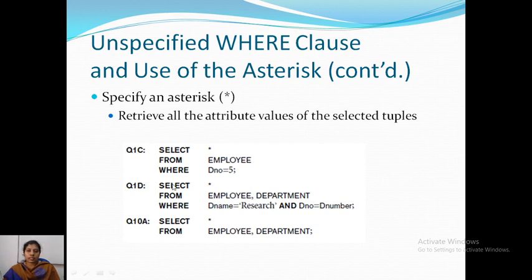See here the example shows select star from employee where D number equal to 5. So it will display all the column values for the employees who are in department number 5. So suppose you want to retrieve all the attribute values, then write select star.